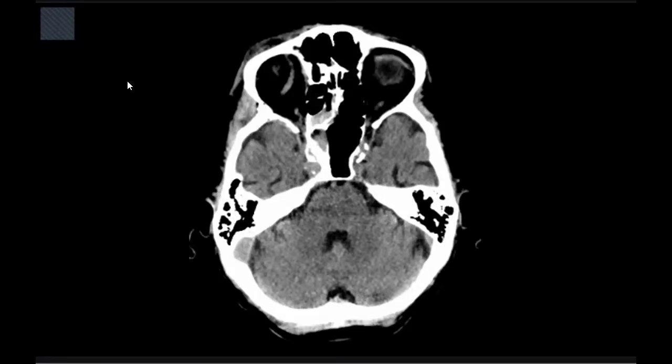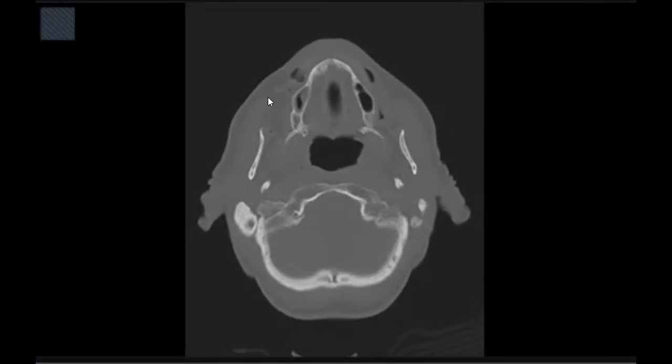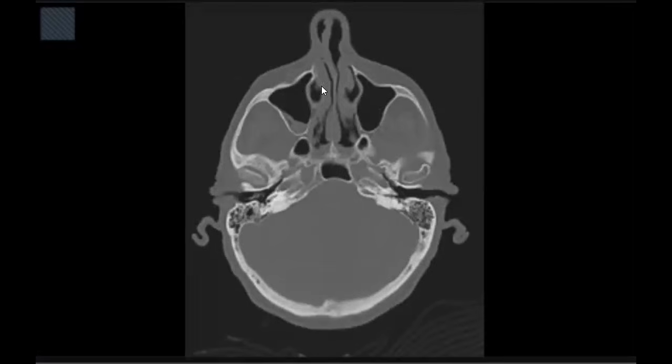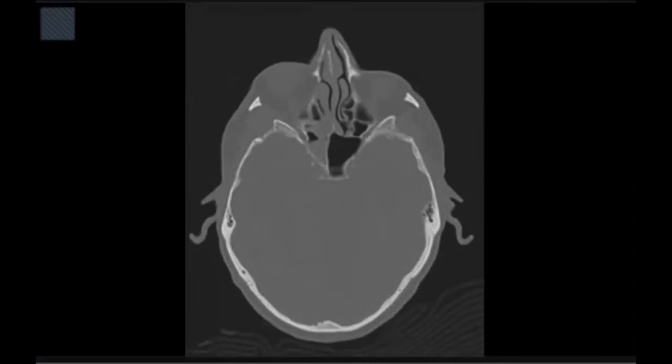At this time, you can ask for the bone window to see any associated fracture, and then an urgent contrast study if the patient is on the table. If the patient is not on the table, I will recommend MRI and further referral to a neurointerventional team for digital subtraction angiography for coiling and closure of the fistula.